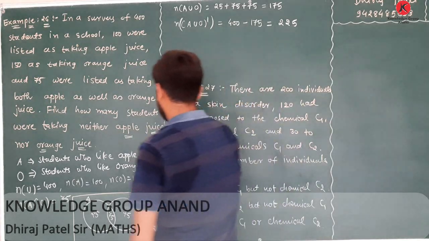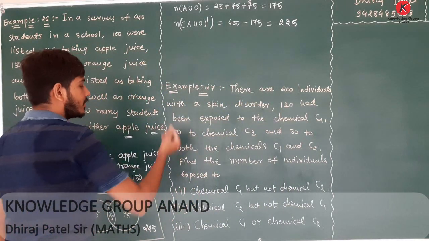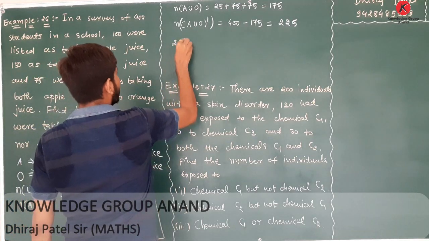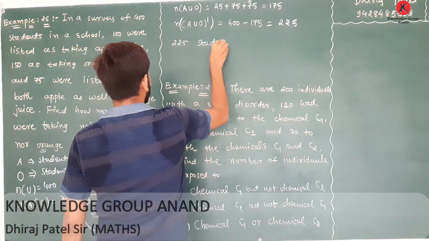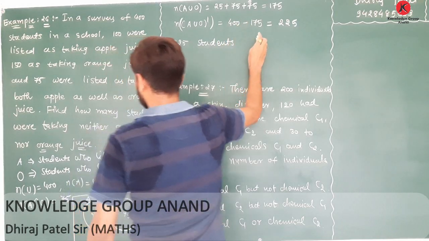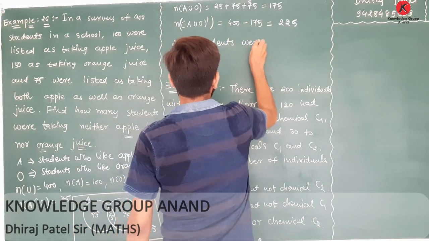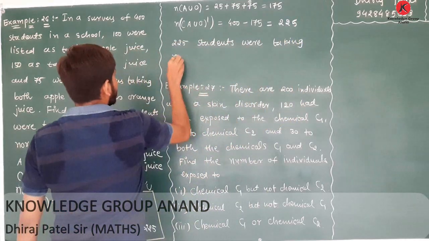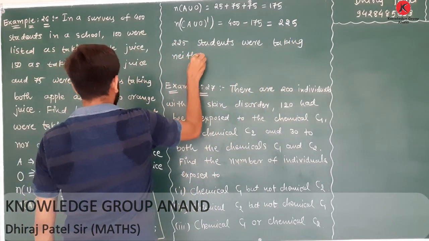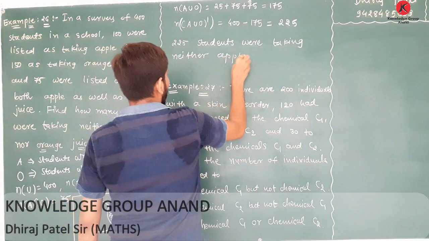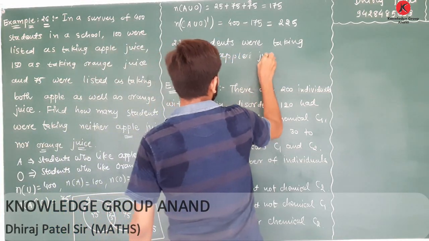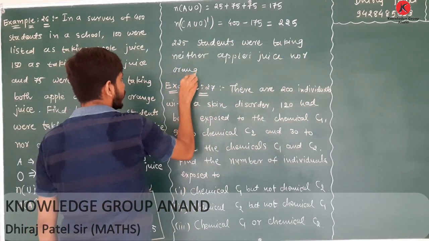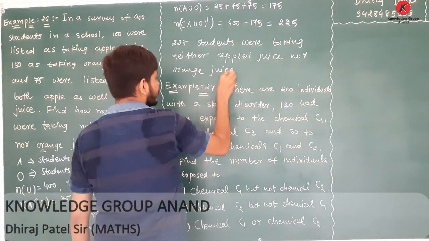Okay? That means you have to give the answer: 225 students were taking neither apple juice nor orange juice. Clear?